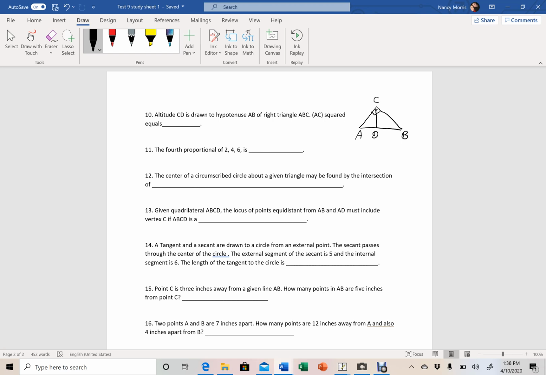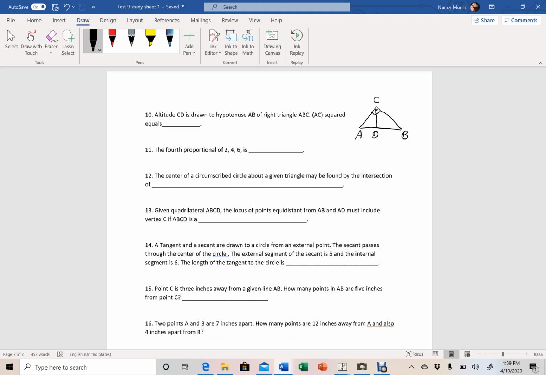Now, we did some constructions that deal with this, so you may want to go back to your constructions to find this particular question. You can go back and review those sections to find the answer to this one, okay?